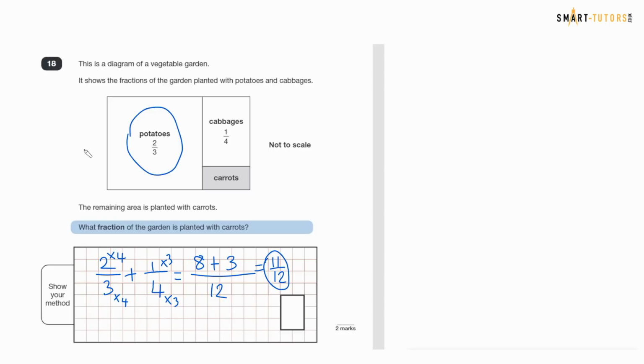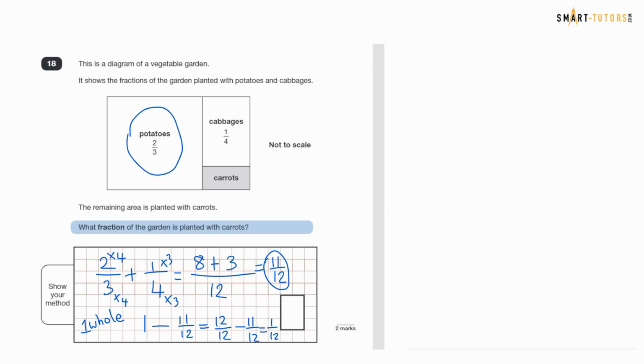So you've got 11 over 12, but you need that last piece of carrot. So 1 minus 11 over 12, and you get 1 out of 12 piece of carrots.